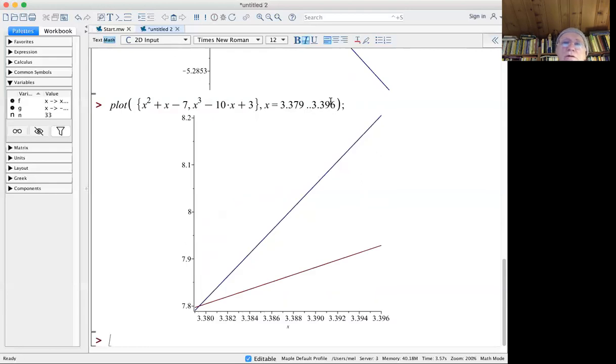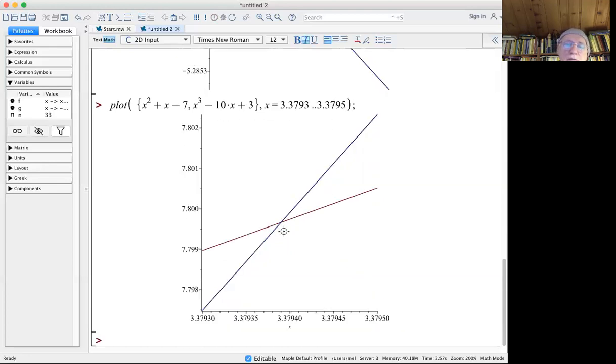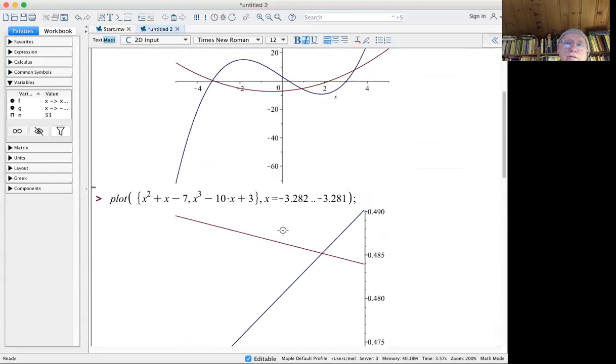Yeah. So 3.379, between 3 and 5. There we are. So that's the third point of intersection.